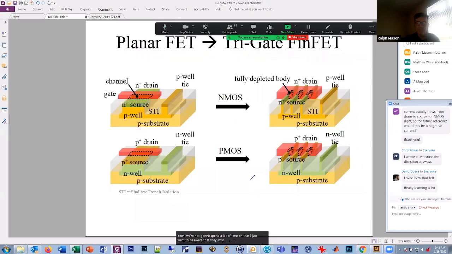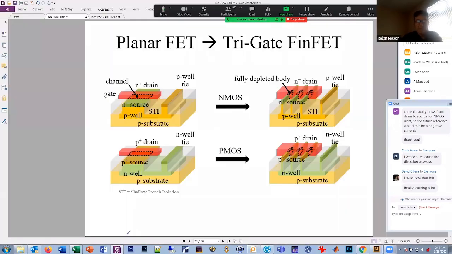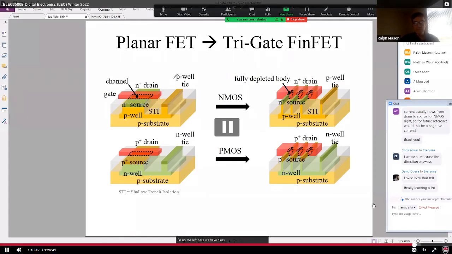Now we've got a couple more new slides I added. So let's just move this out of the way. On the left here, we have the classic lateral transistor we're talking about. If you look at this, here's our substrate.